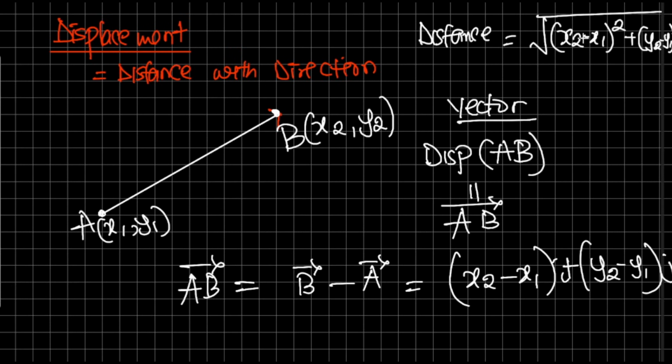What's the difference between this one and this one? The difference is that we don't have the squares and the square root. So when we are finding the displacement of a vector, we find it in component form like this.